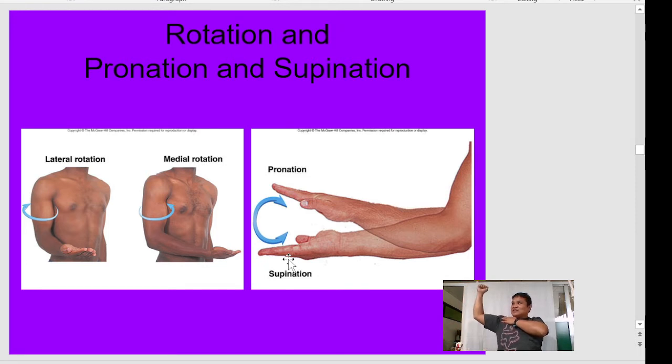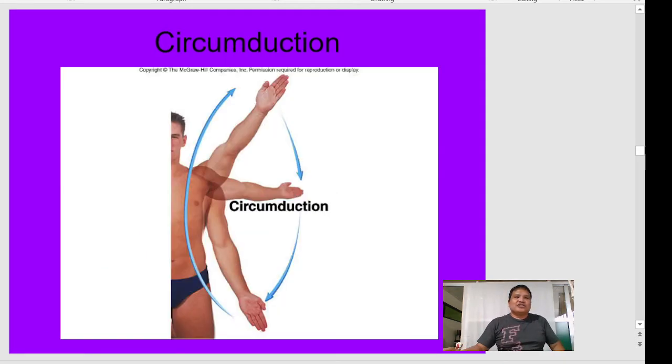Same na siya. Medial, kaya kung mag-ana ka diri. Then kung mag-ana ka, lateral, that is lateral rotation. Then you have your circumduction.